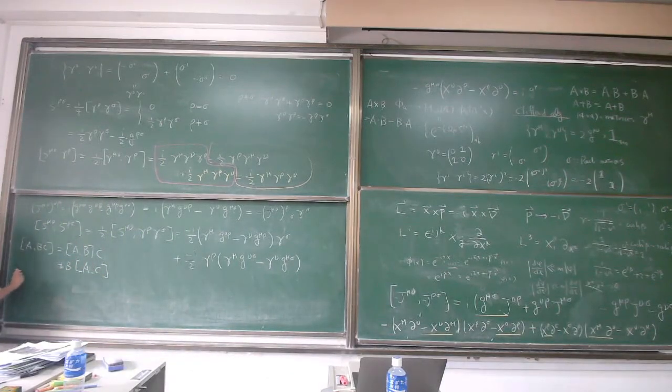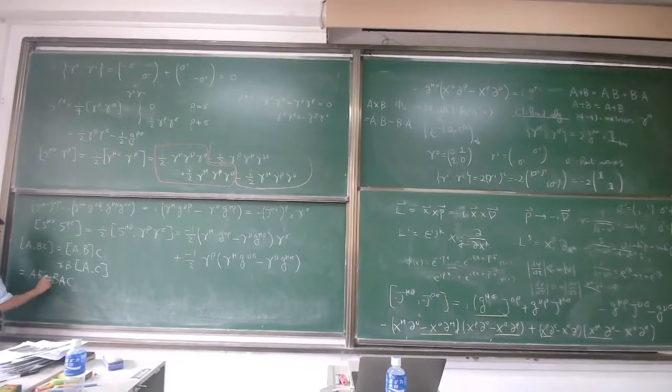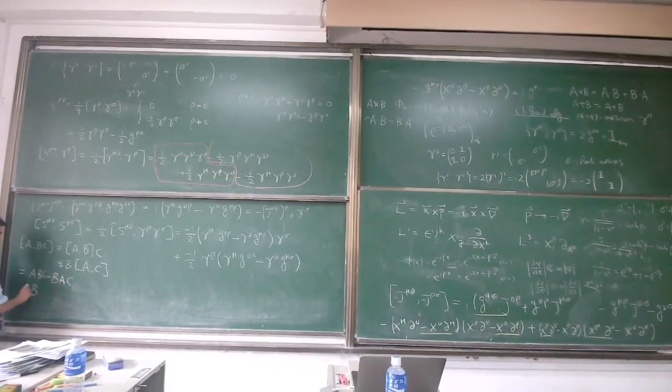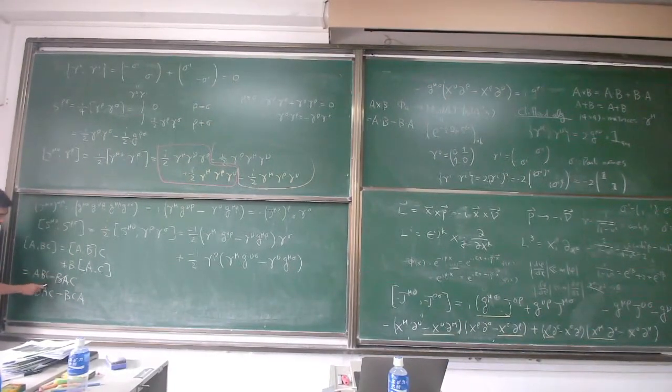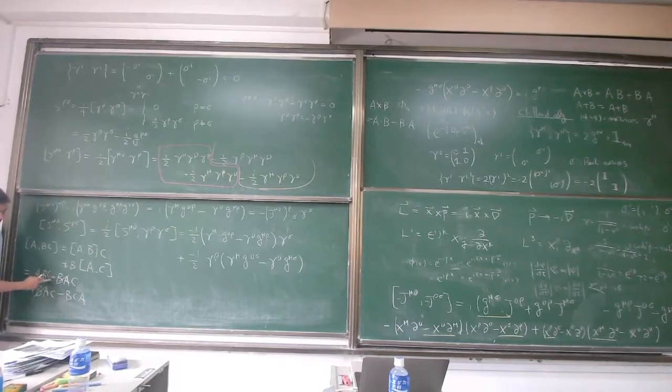So this is equal to AB minus BAC, and then plus BAC minus BCA. And if you cancel each other, what's left is ABC and BCA, right?